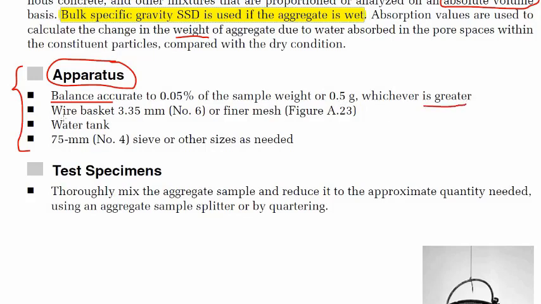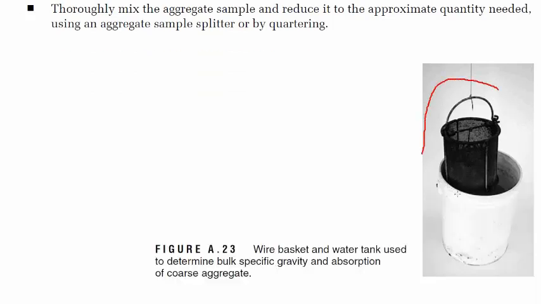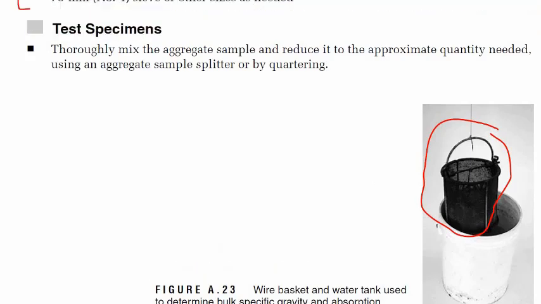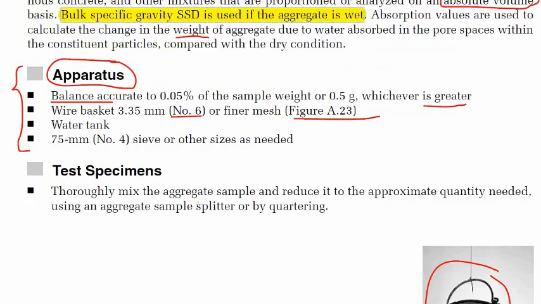And number 2 is a wire basket, 3.35 millimeter, which is number 6, or finer mesh, as you can see in the figure. This is the wire basket. We're going to put the aggregate inside it and soak it after that in a water container, to guarantee that water is absorbed by the particles.